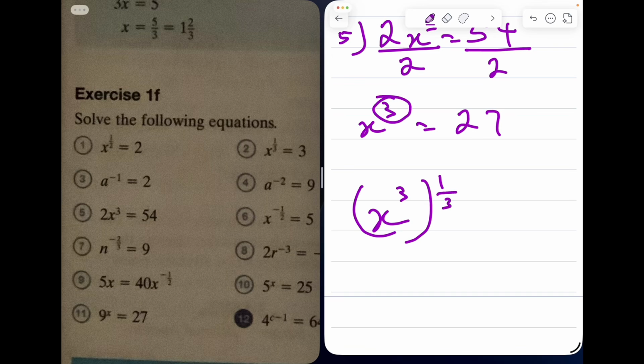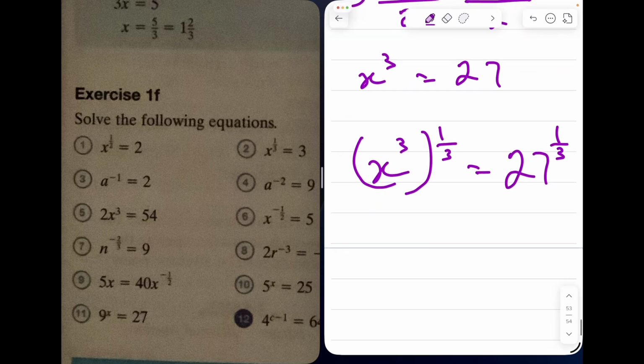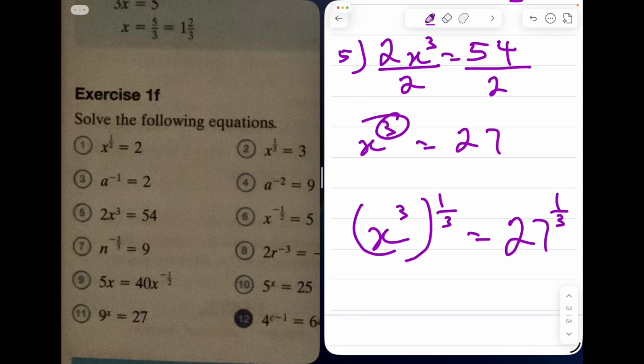The power is 3 over 1. Its reciprocal is 1 over 3. So you raise both sides to the power 1 over 3 to get x. That will also be equal to 27 raised to power 1 over 3. What you do is raise both sides to a power that is the reciprocal of the power of the unknown that you have on the left-hand side. The power of the unknown is 3.